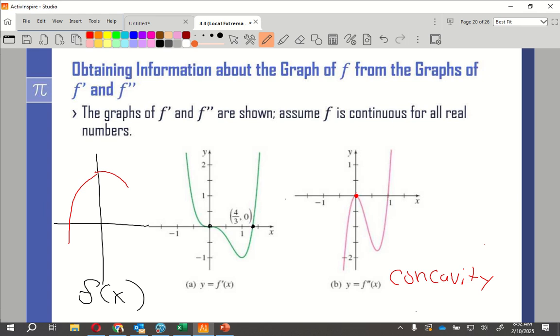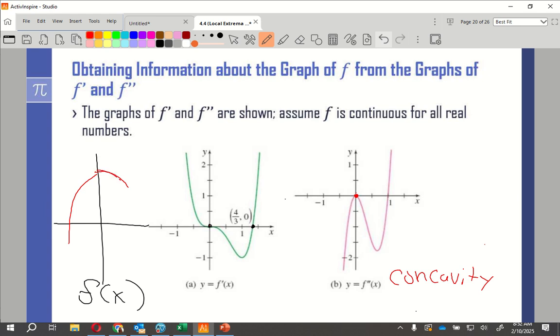But it goes from negative to negative, so it's touching at 0. So that means that over here, this is going to be concave up. Oh, not up, sorry, down. Okay, concave down.